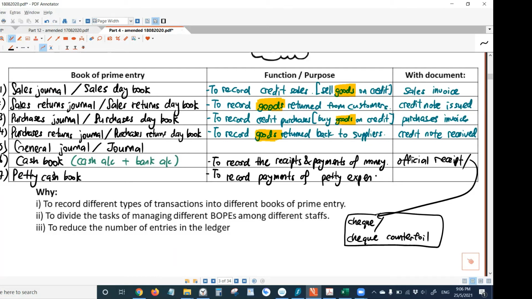Petty means small. And the document is known as petty cash voucher. But for now, I won't explain how it works. I will explain it to you in part 5 about everything about petty cash book. Once you have written this, you let me know.